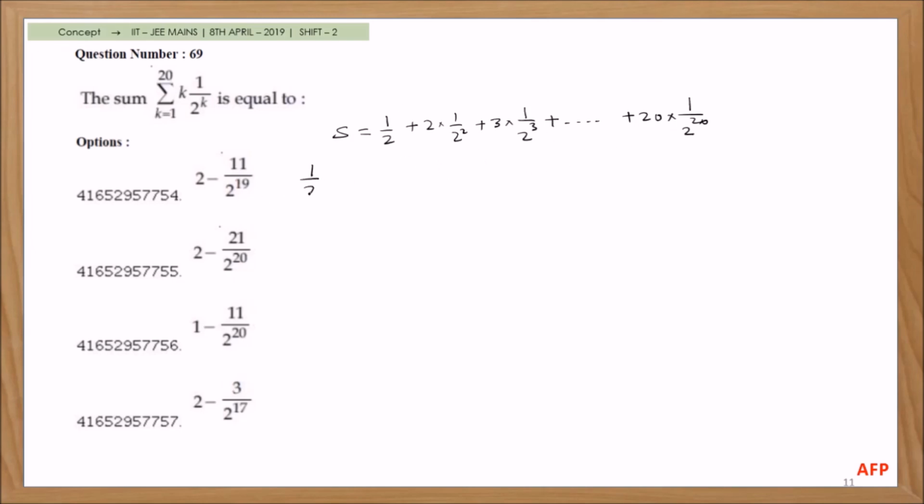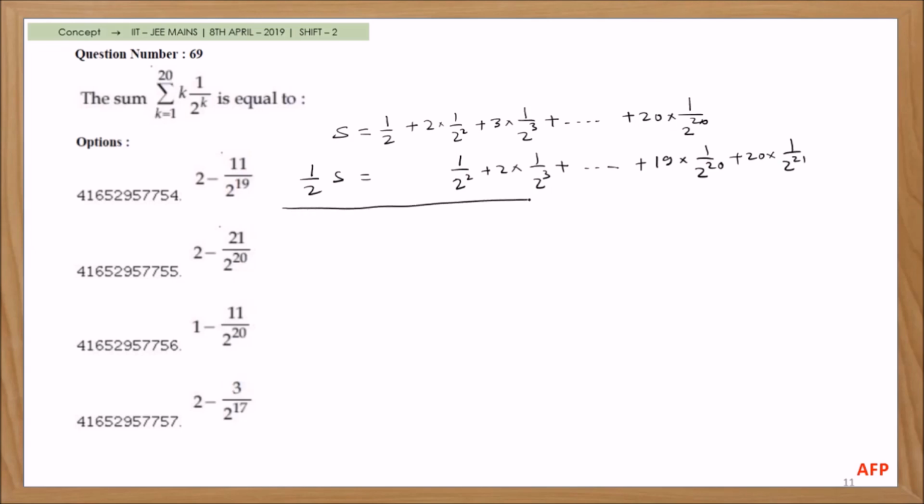So 1 by 2, we will shift one term. We will write (1 by 2) square plus 2 into (1 by 2) cubed plus, and so on up to 19 into (1 by 2) raised to 20 plus 20 into (1 by 2) raised to 21.